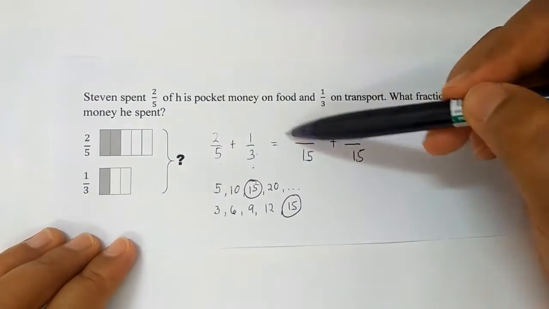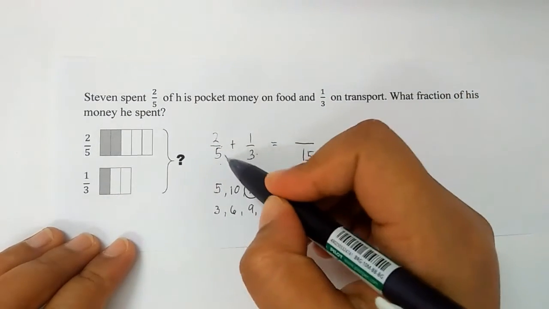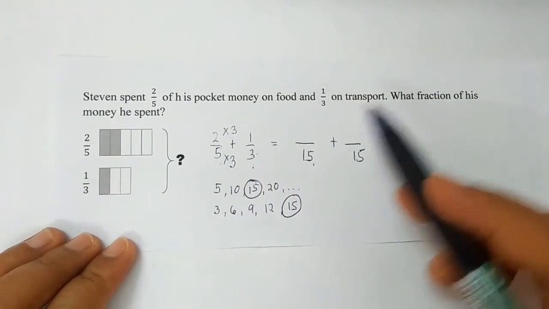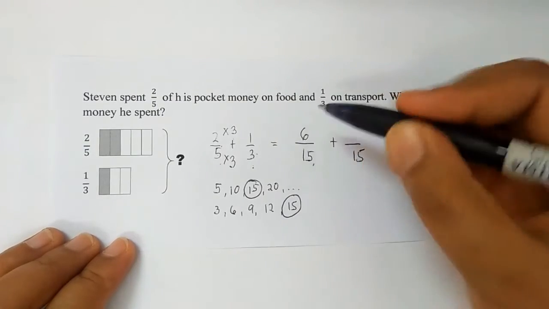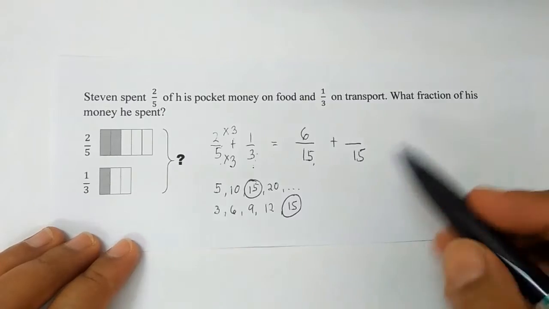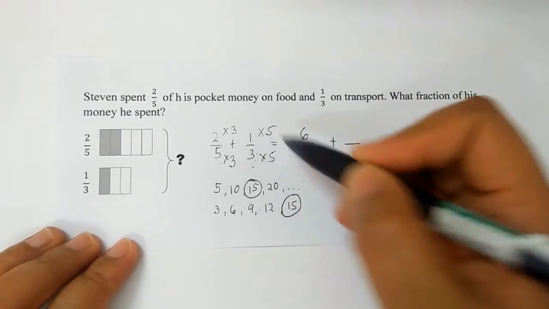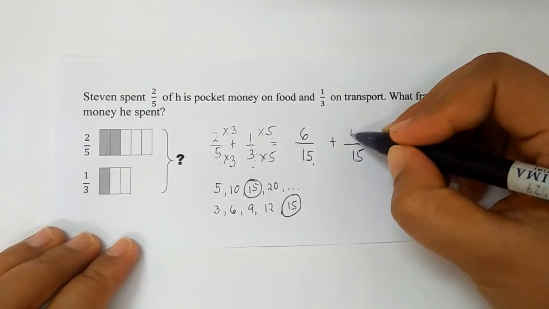It means 5 and 3 here, we're going to make into 15. This 5, how are we going to make into 15? Very good. Multiply by 3, same with the numerator. So 2 times 3 is 6. How about this 3? How to make into 15? Yes, multiply by 5, same on the numerator. 1 times 5 is 5.